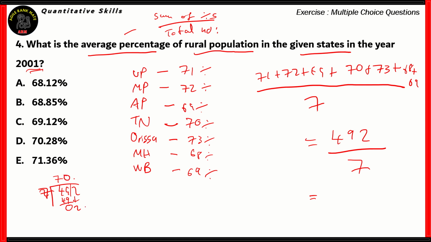Doesn't go in there, so you put in a 0, and then when you put a point, you can add a 0 here. So 7 goes into 20 twice. That's 14, and 7 goes into 60 8 times. So therefore, the approximate percentage is 70.28%. So therefore, option D, 70.28%, turns out to be the right option.